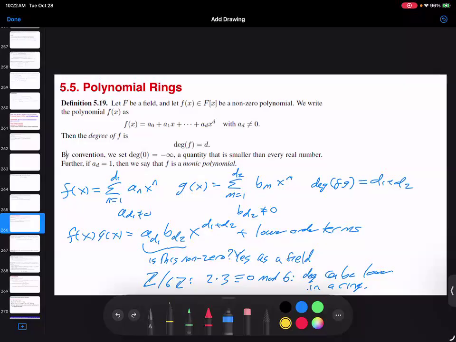And this has the nice property that the degree of a product is the sum of the degrees. This would not be true in general. Now, if you look carefully, you see that we set the degree of 0 to be negative infinity. Can anybody think why would we set the degree of 0 to be negative infinity?